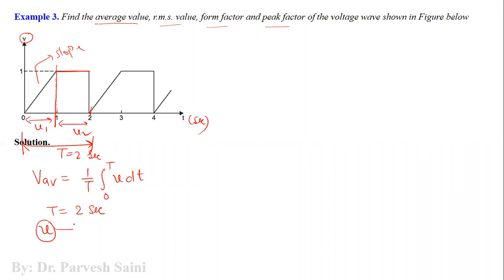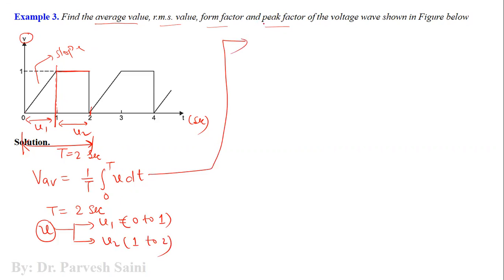divided into two components, two parts. V1, which is equal to some slope, exists from 0 to 1, and V2 exists from 1 to 2. So this particular formula will be divided into this one.